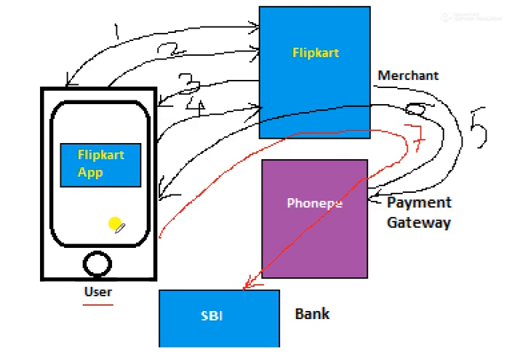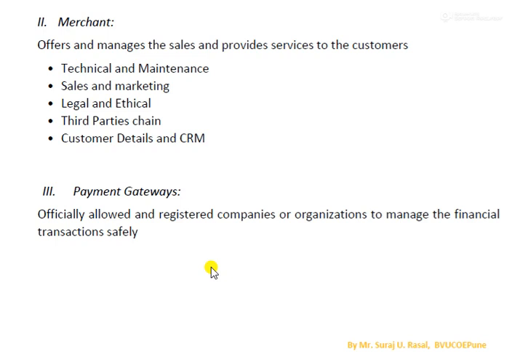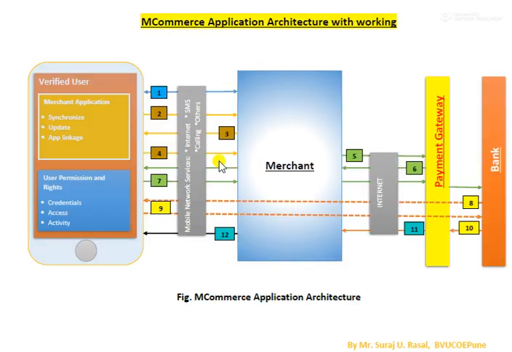If you go through this diagram here, after proving himself or herself that yes, I am the registered user, this bank will directly interact with the particular user. For which purpose, the bank wishes to finally confirm.